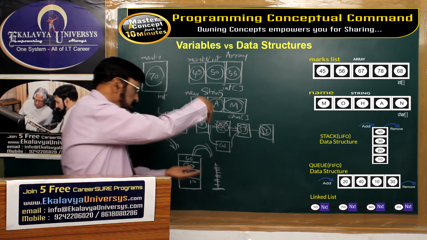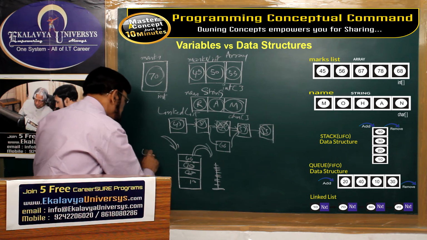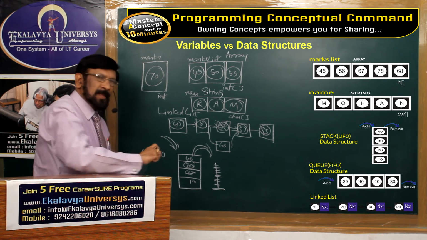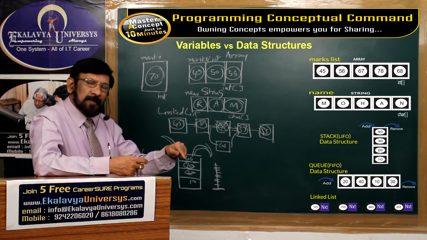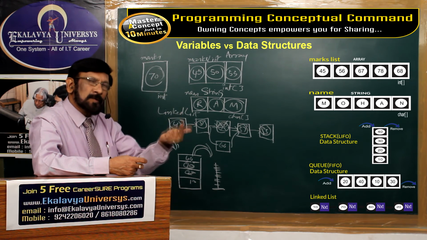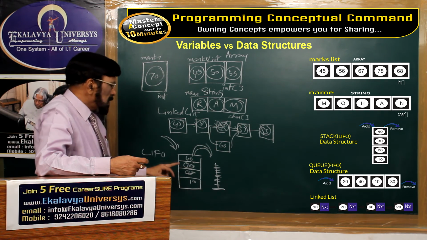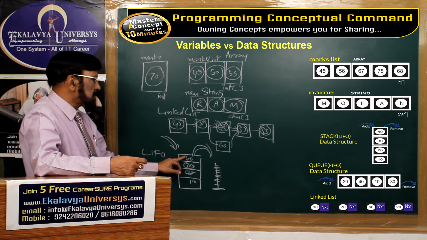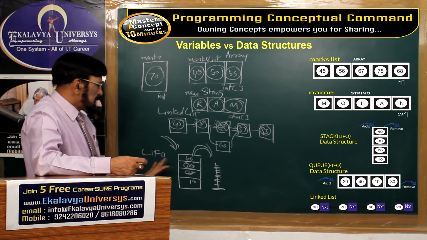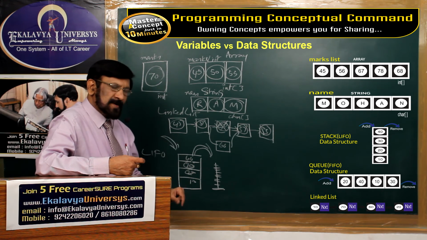How we insert? We insert from the top and remove from the top. This is a LIFO data structure. LIFO means last in, first out. Whatever element you inserted last, that only you can remove first. In a coin stand, the last element you can remove first. If we have to remove an element, you have to remove 40, not 10. That is the LIFO data structure. In some situations, we require a LIFO data structure.